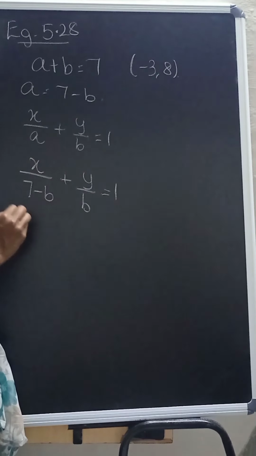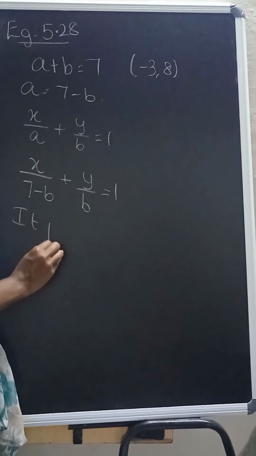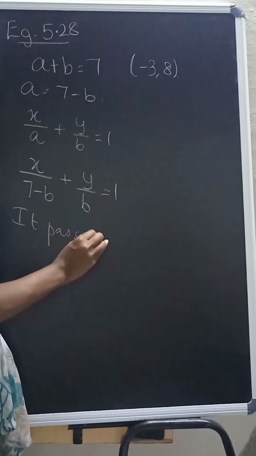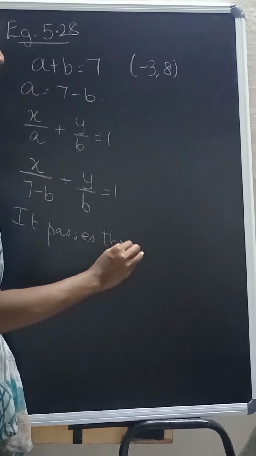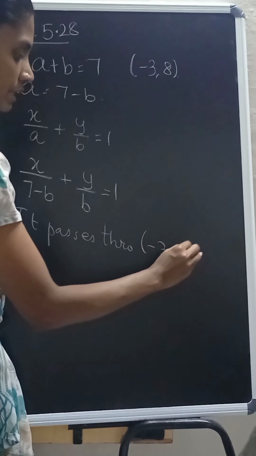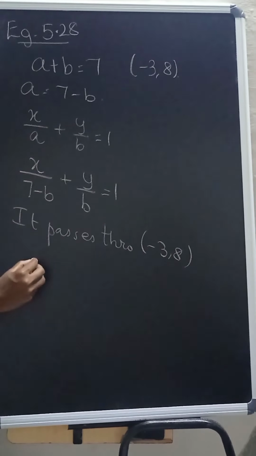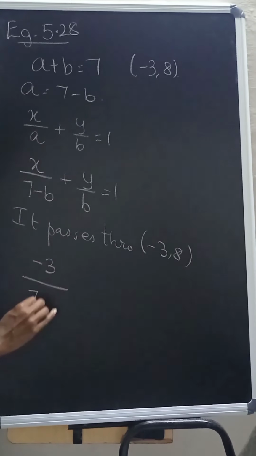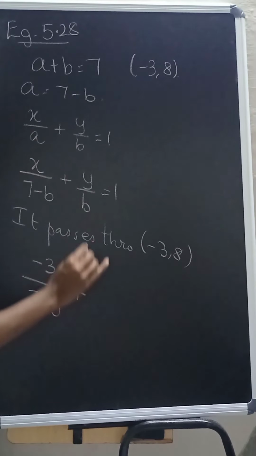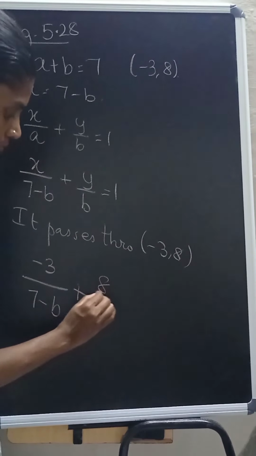Now this passes through (-3, 8). So substitute -3 instead of x, instead of y 8.